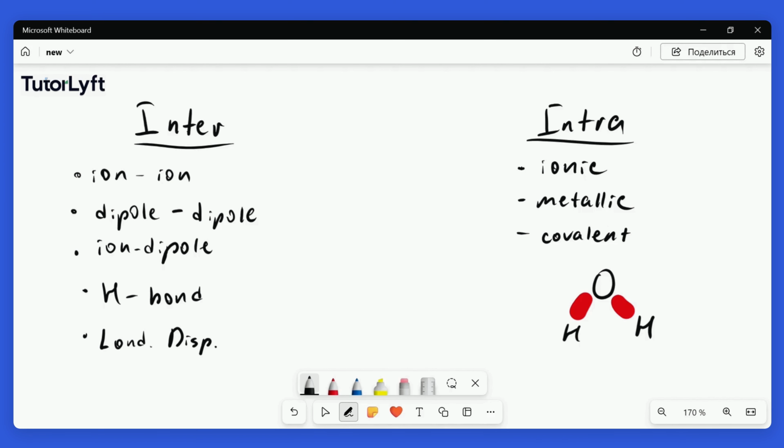So I'm going to give an example of ion-ion, and the easiest example is NaCl, right? But if intramolecular forces is the bond between Na and Cl, ion-ion is actually the bond between two molecules. Now, we know that chlorine is charged negatively and sodium positively.